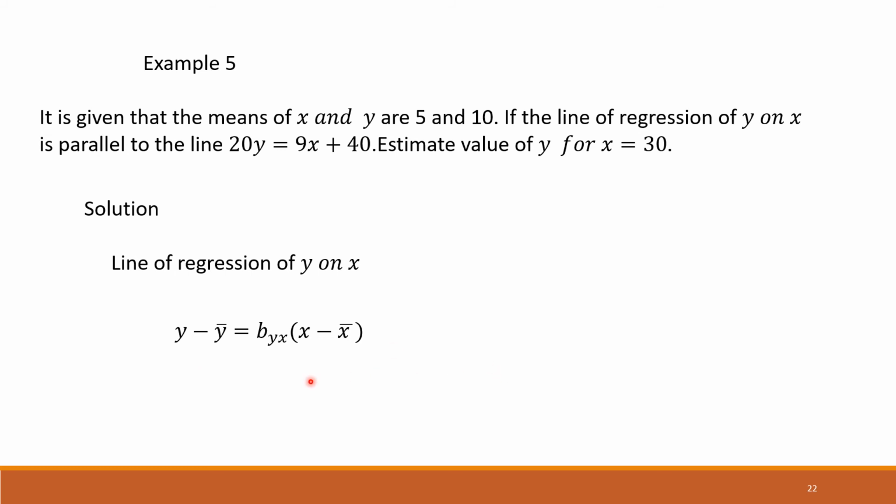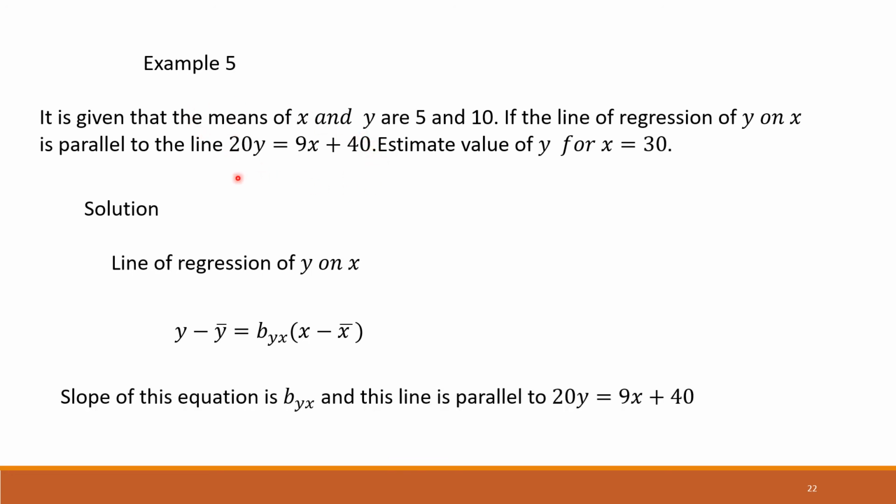So here also, when I write y minus y bar is equal to byx into x minus x bar, the coefficient of x will be the slope of this equation. Similarly, the coefficient of x will be the slope of this line. So the slope of this line is byx and this line is parallel to this.